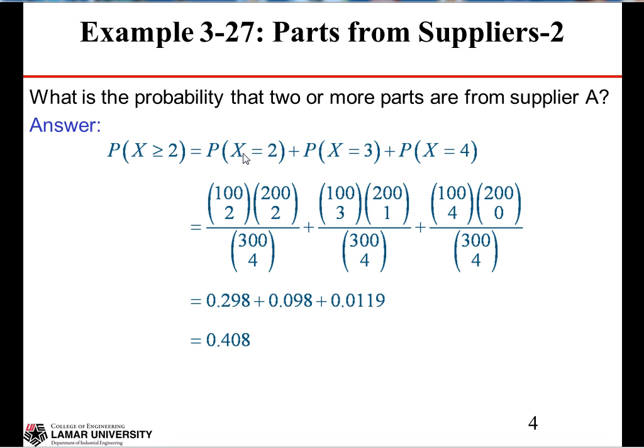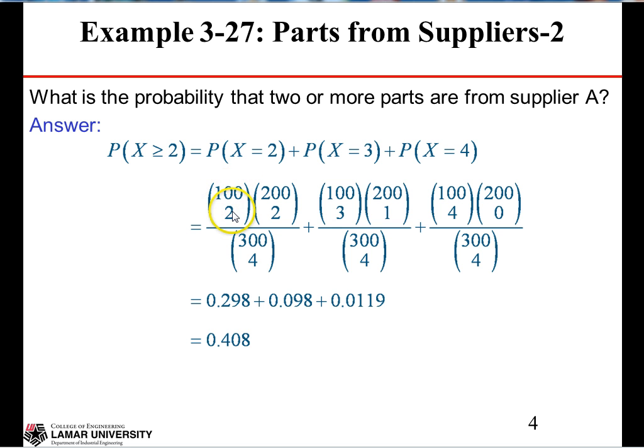So the probability x greater or equal to 2 is equivalent to the probability x equal to 2 plus x equal to 3 plus x equal to 4, and we plug in 2, 3, 4 for lowercase x in the formula.